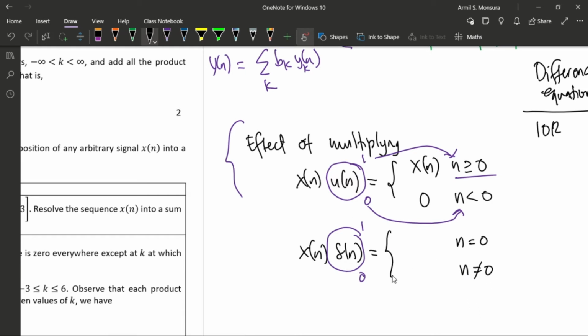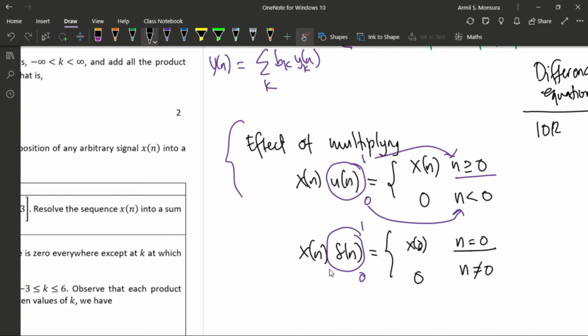Okay? So which means this is simply x of 0 when n is equal to 0. Okay? And 0 siya when n is not equal to 0. So paano naging x of 0? Kasi nga when your n is 0 at yan sinubstitute natin doon, okay? That becomes x of 0.